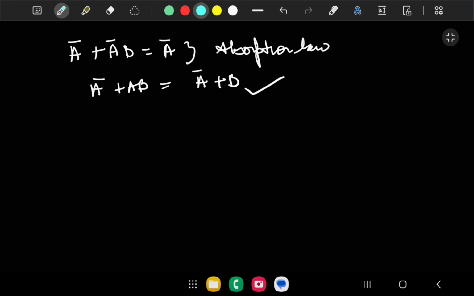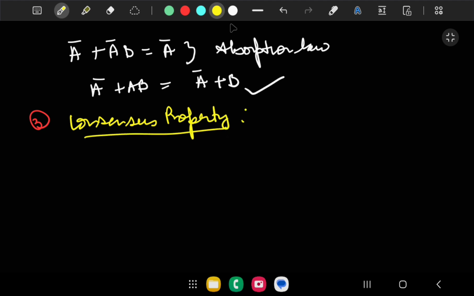Now one more property we have, that is called the consensus property. Right? So over here you have AB plus A bar C plus BC. So you can remove this BC.